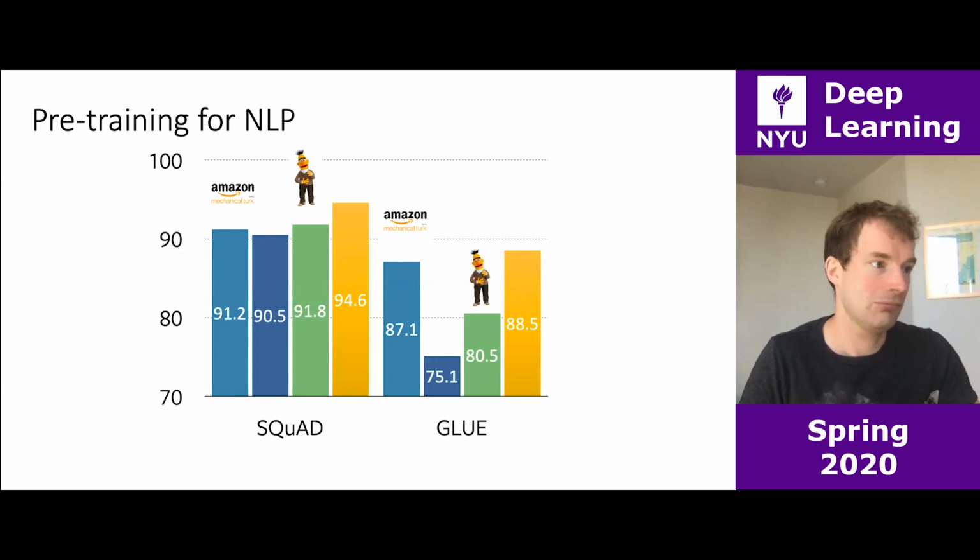In fact, much larger gains than BERT had over the previous ELMo work. So yellow here is this new RoBERTa model. And actually with RoBERTa, the question answering is superhuman by quite a few points, and also on this GLUE benchmark from NYU, it also outperformed people. And this isn't really about doing anything smart, it's just taking self-supervised training and doing it more.